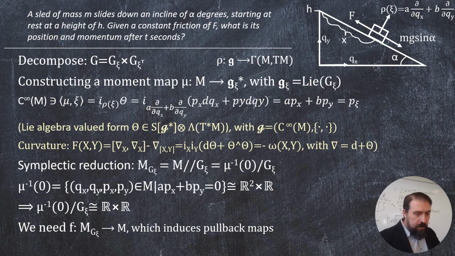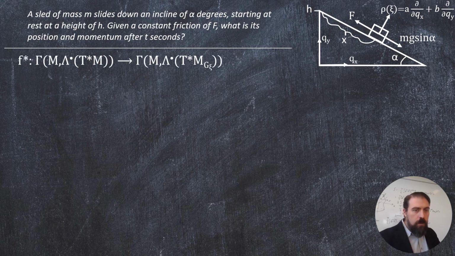Now, we need a function here from the reduced manifold to the manifold, because those will induce pullback maps on our forms. So the pullback maps will be from forms on the cotangent bundle, so sections from M to the exterior algebra of the cotangent bundle, to the corresponding forms on the cotangent bundle on the reduced manifold here.